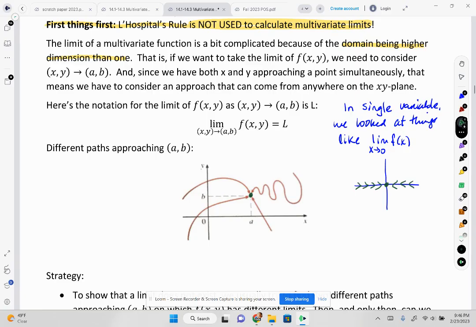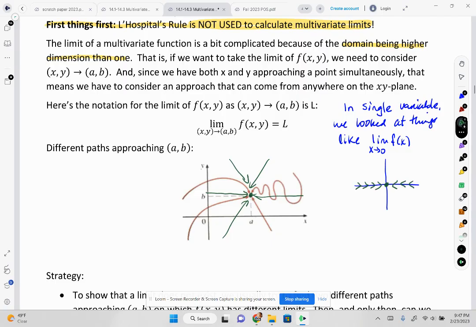But those are just four. There's actually an infinite number of ways for us to approach this point. And so that makes things harder to determine.